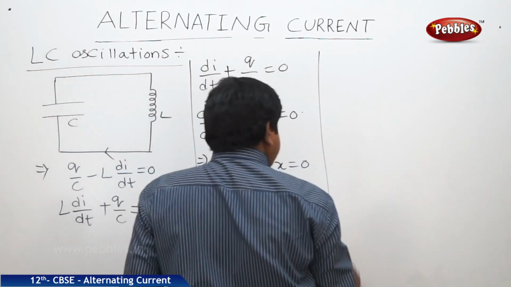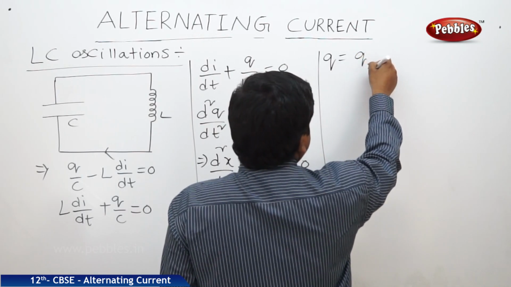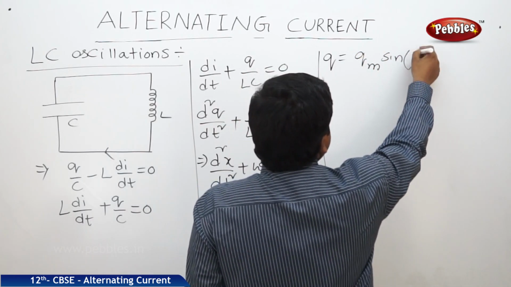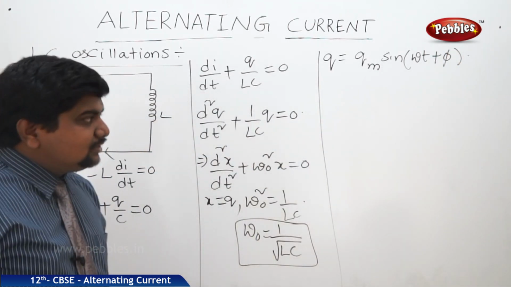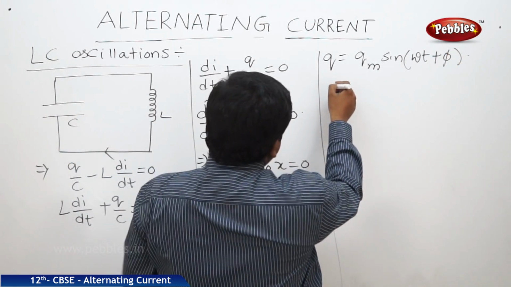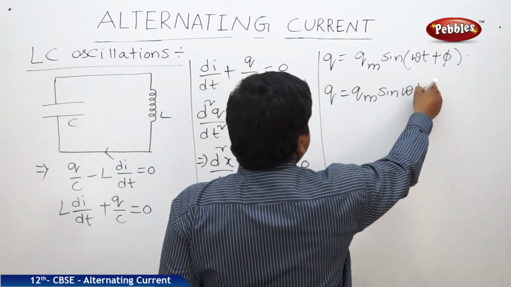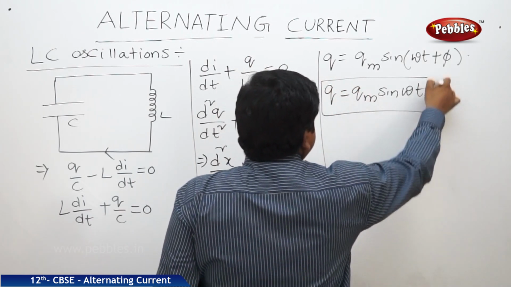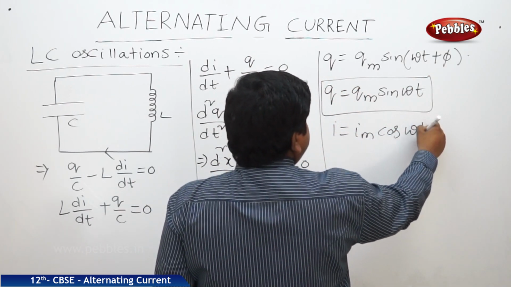But what is the charge passing through these two objects? Q m sine omega t plus phi. Between L and C, phi is 0. Therefore, Q is equal to Q m sine omega t, and I is equal to I m cos omega t.